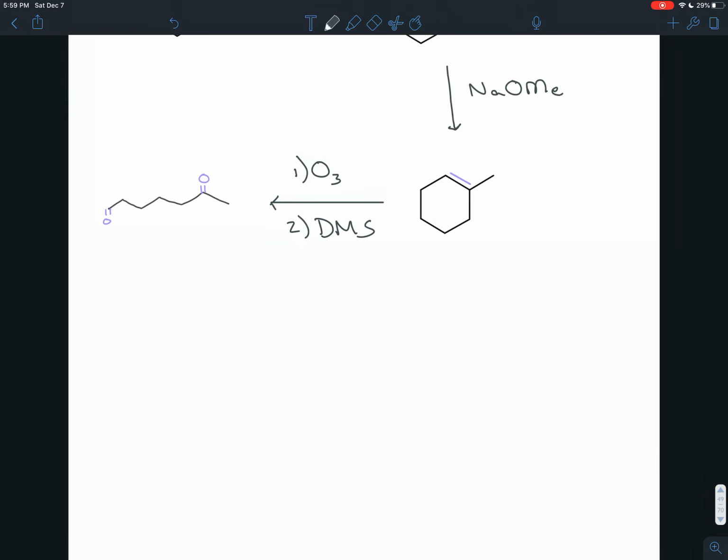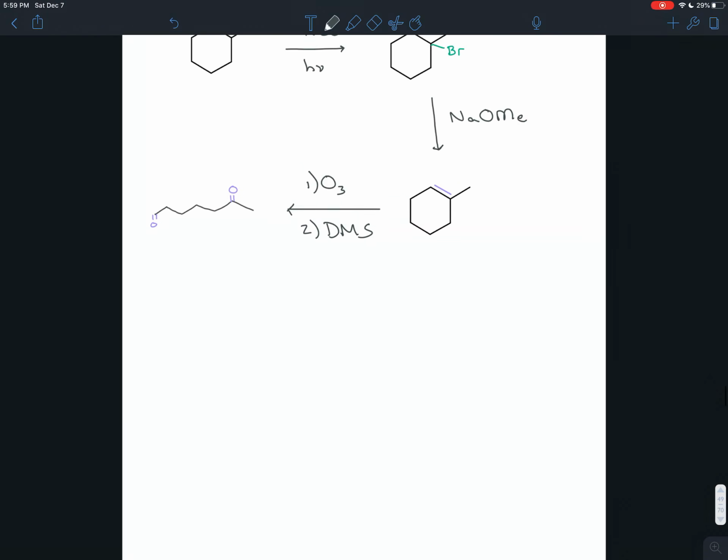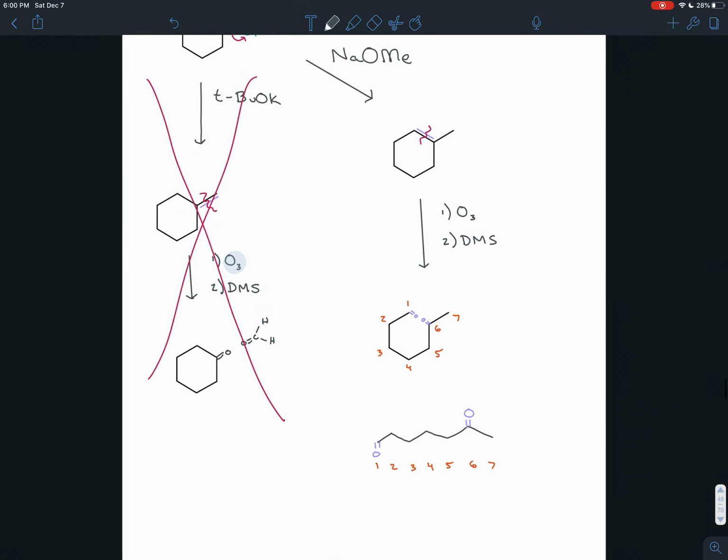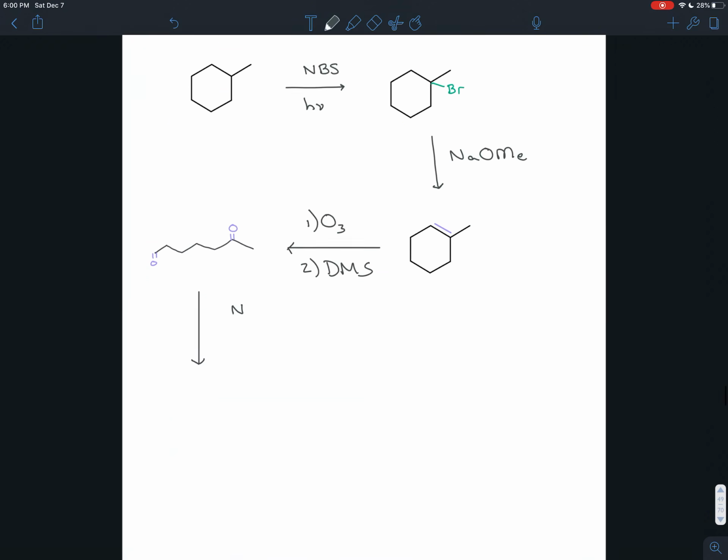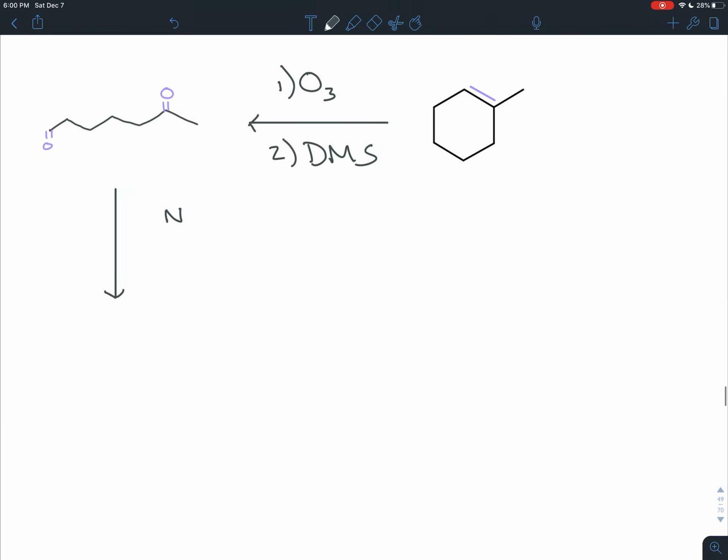And once we have that, we could treat it with two equivalents of the amine that we want. So that was a nitrogen with two methyl groups and a hydrogen. We could use catalytic acid and sodium cyanoborohydride, NaBH3CN.